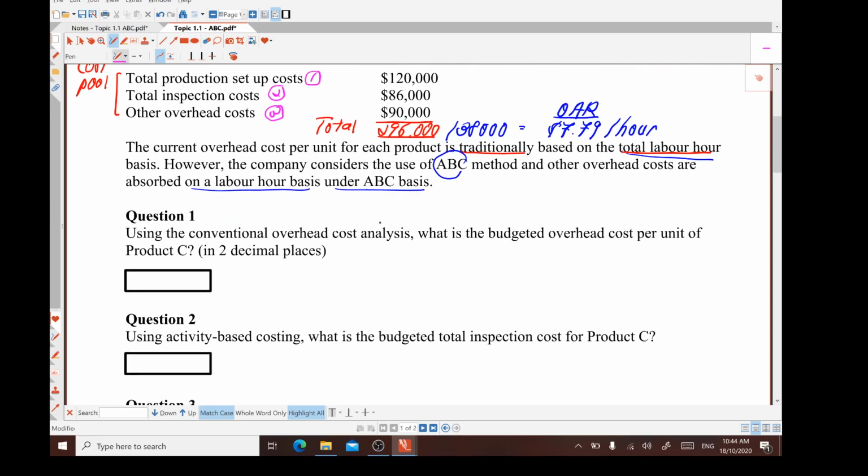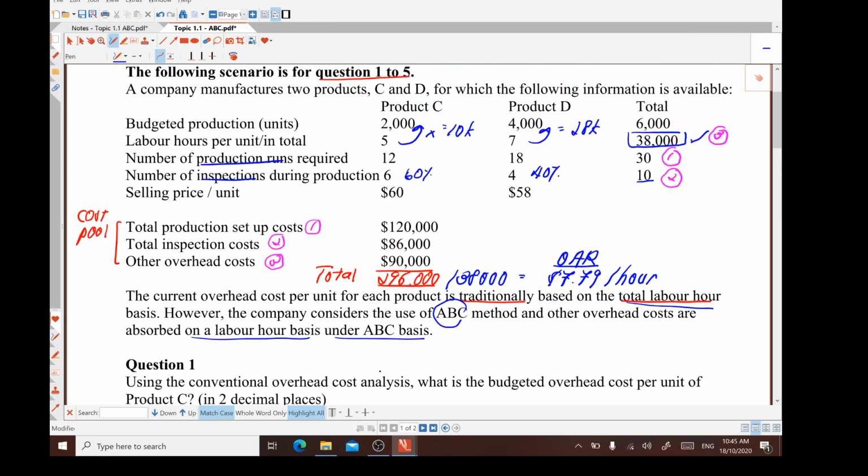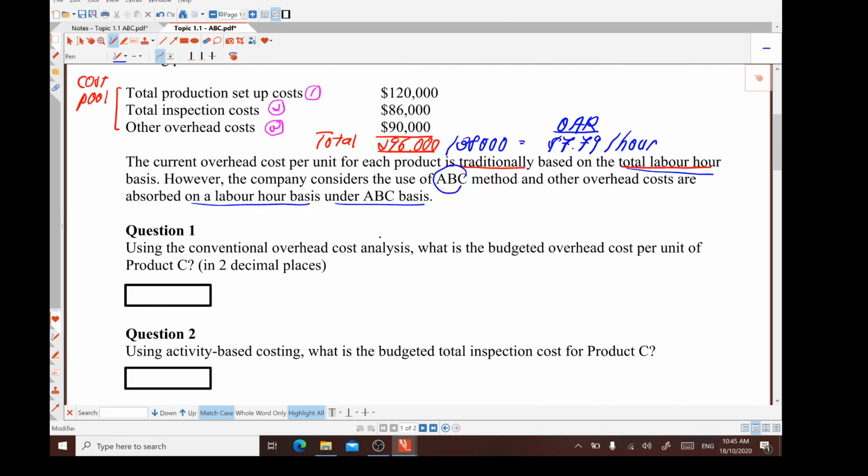Okay, great. Now, so what we're going to do right now is important to analyze the case one by one with what I have already allocated. It could be under traditional, and at the same time, it could be under the cost driver. That means under the use of ABC. So I'm going to show you one by one right now.